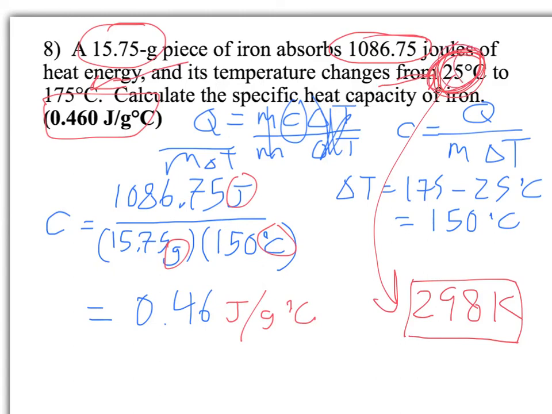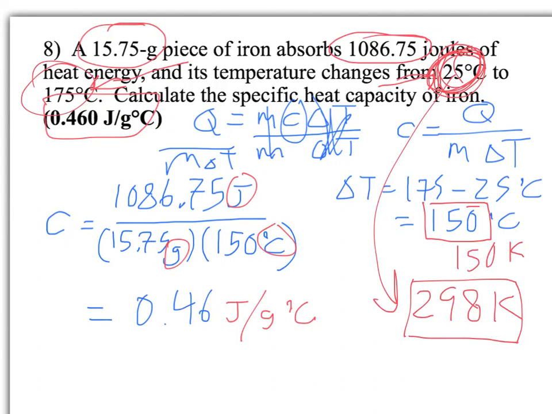But 25 degrees by itself has 3, 175 has 3, and in reality our answer, 150, down here for our delta T, has 3 significant figures. That 0 is significant in this case. And this is our change in temperature in degrees Celsius, or our change in temperature in kelvins, 150 kelvins.